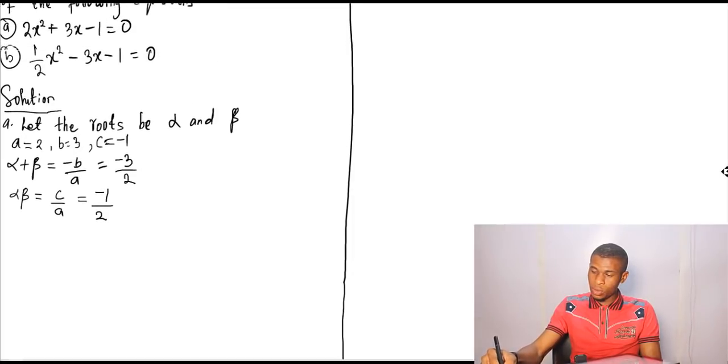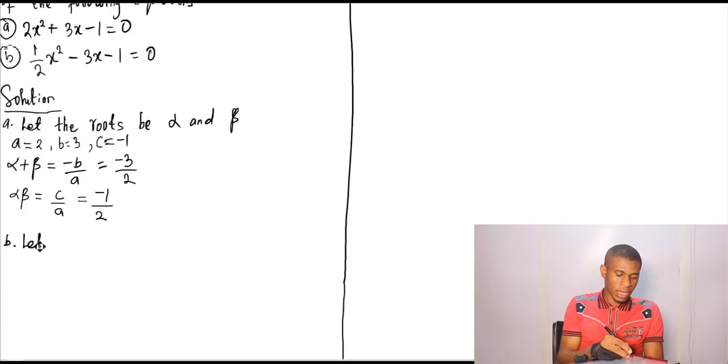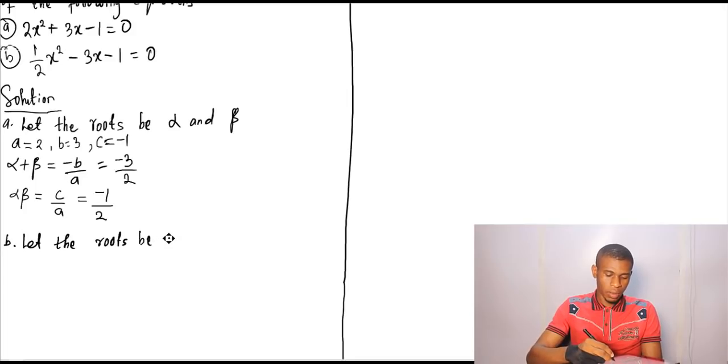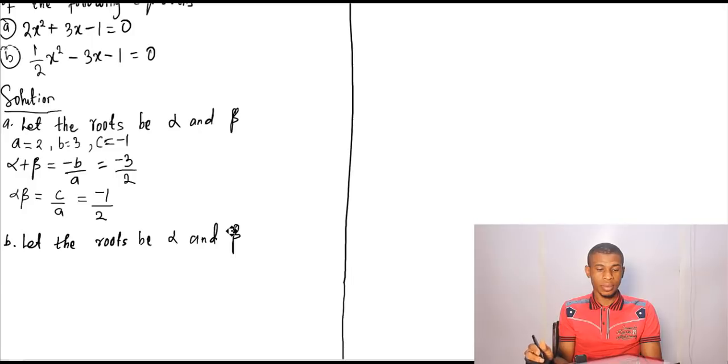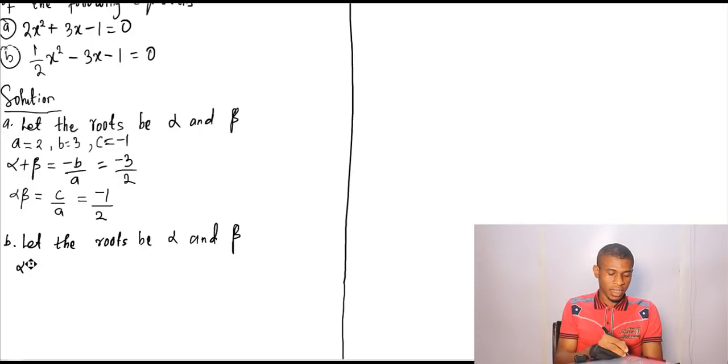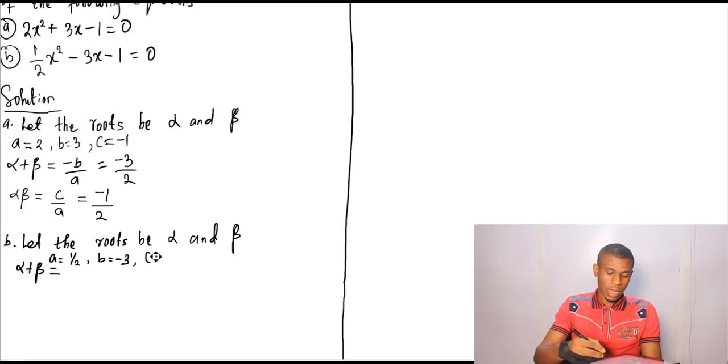We have example 2b. We can say let the roots be alpha and beta. Then alpha plus beta is equal to, okay, let's bring out what we have in here. In this number b, we have a as 1 over 2, b as minus 3, and c as minus 1.